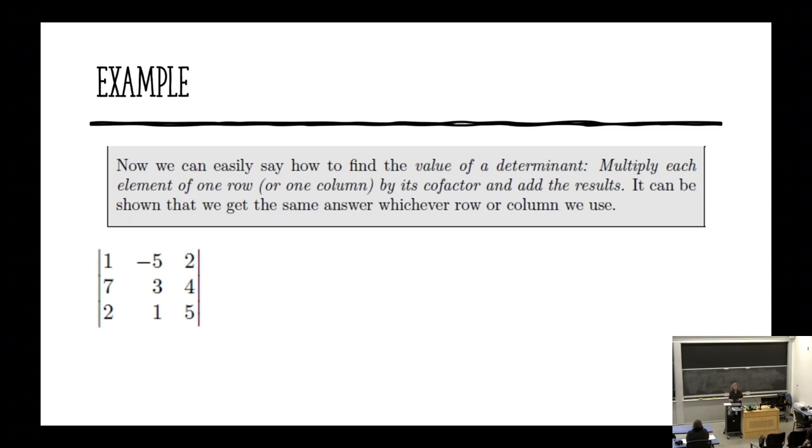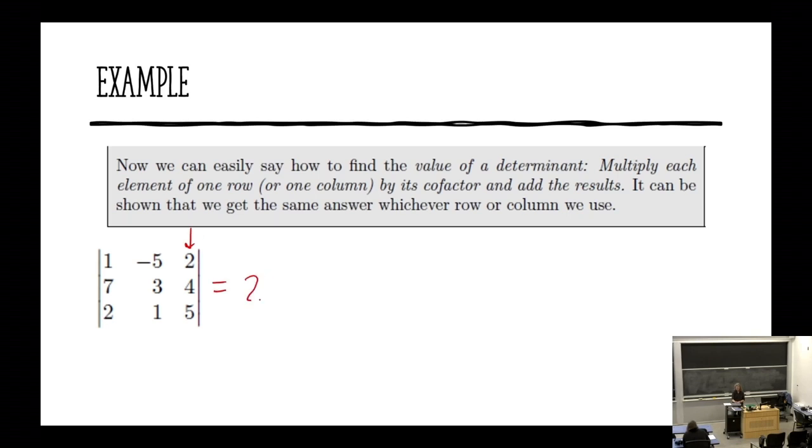So let's just do a quick example with this same matrix that I wrote down on the last slide. We have this 3 by 3 matrix. We can evaluate the determinant here using the elements of the third column. So let's go ahead and do that.